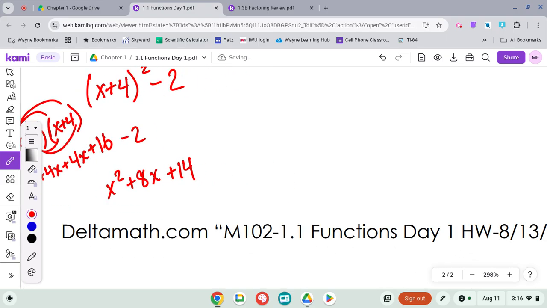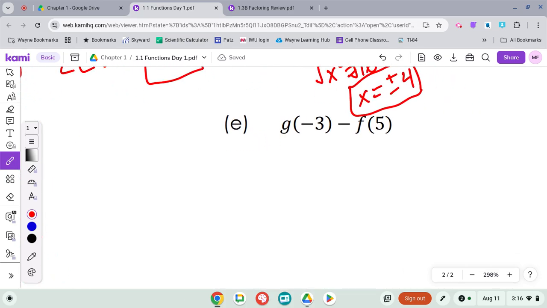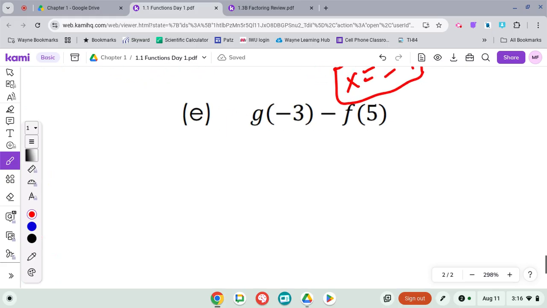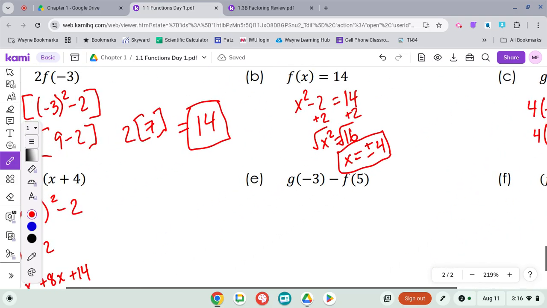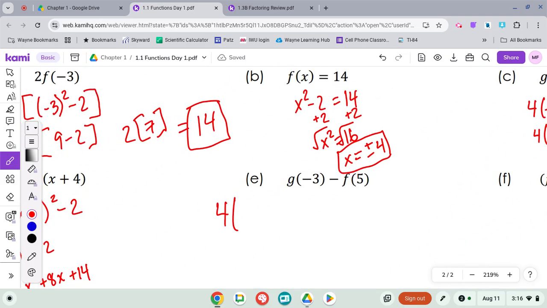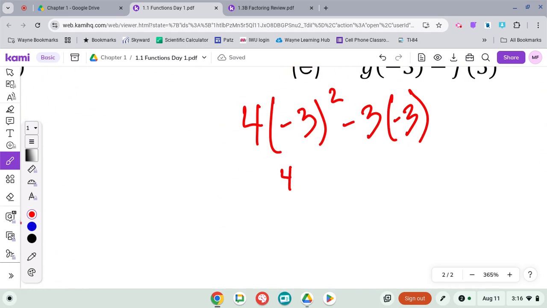All right, 2 more. G of negative 3 minus f of 5. We can solve for both g of negative 3 and then f of 5, and then we'll just subtract them. So g, if you don't remember, up here, 4x squared minus 3x, so that'll be 4 times that negative 3 squared. Then it's minus 3x, so minus 3 times minus 3. Let's go ahead and solve that first. So 4 times 9.